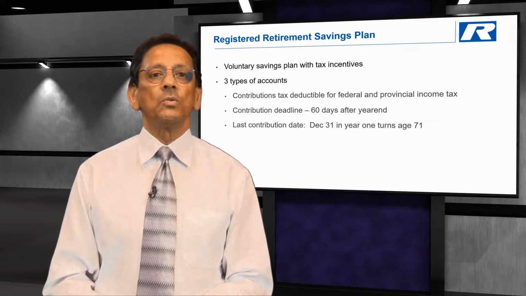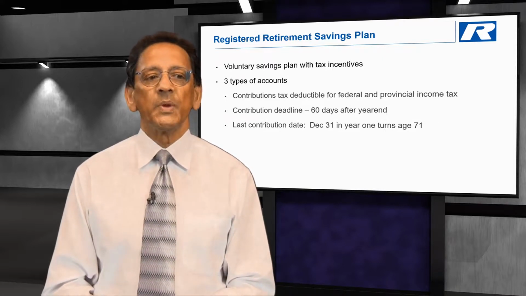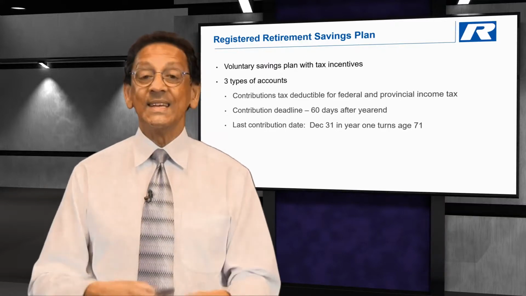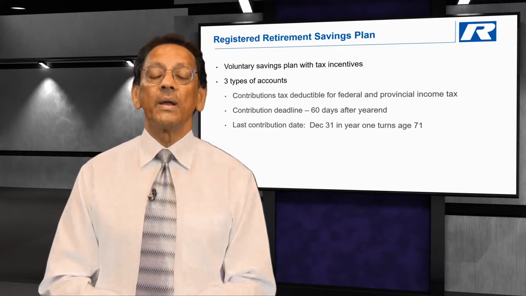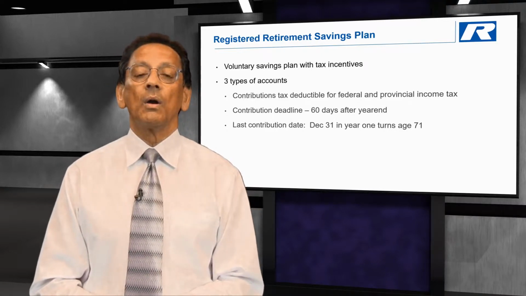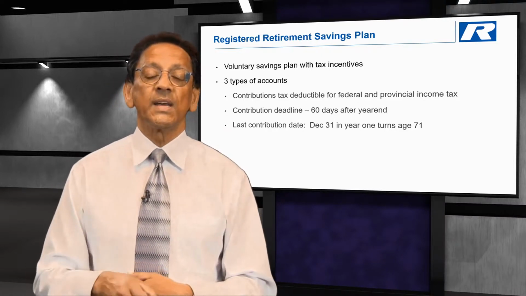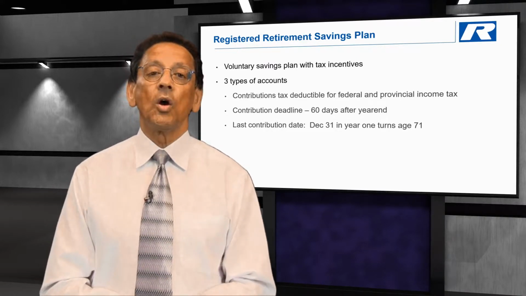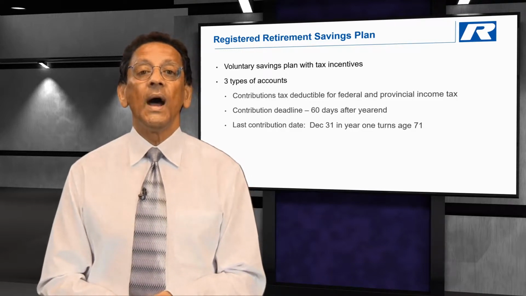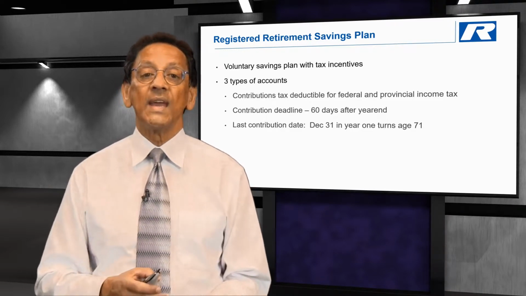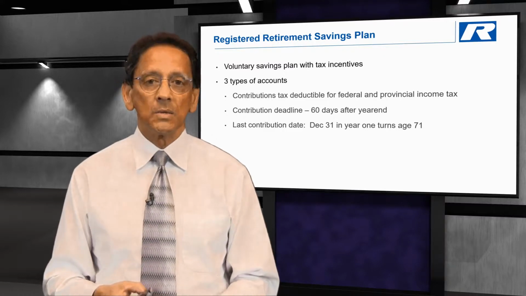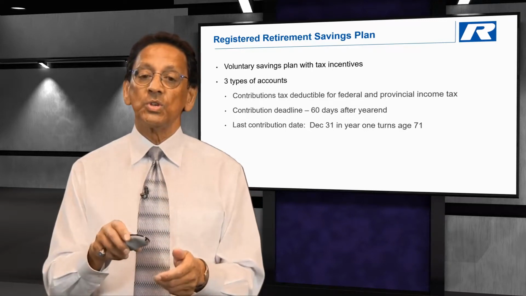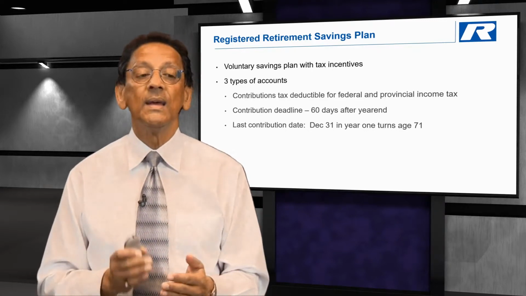Now, with respect to contributions to an RSP, those contributions obviously are tax deductible. That's the incentive we get. And we are able to contribute to our RSPs up to 60 days after the year end. So for my 2018 contribution, I have until 60 days after the end of 2018, which may be February 29th or March 1st, to make a contribution for my 2018 tax year.